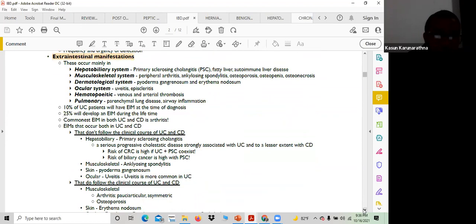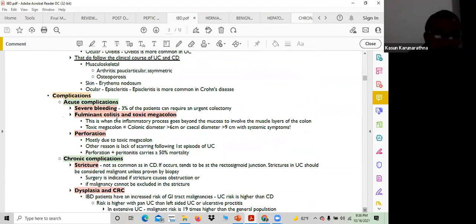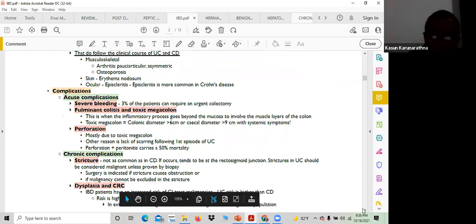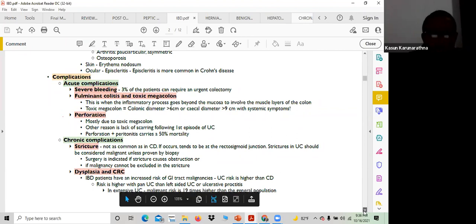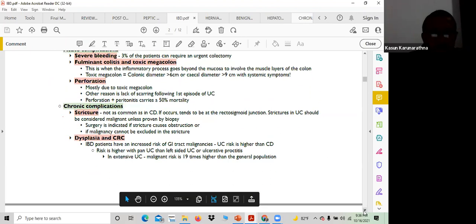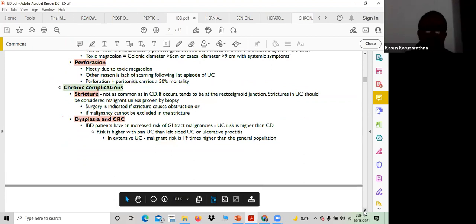Complications: acute complications are severe bleeding, fulminant colitis, and perforation. In this patient, they were given enough details to assess the severity of bleeding, but there is no evidence of perforation, right? And chronic complications are strictures, dysplasia, and risk of colorectal carcinoma.